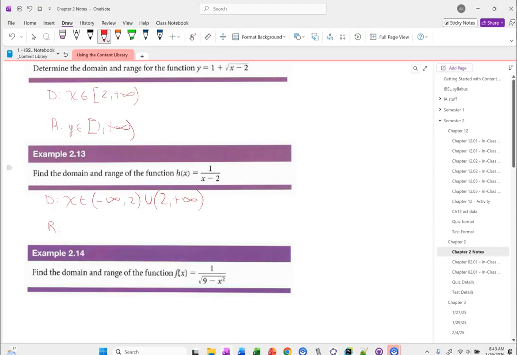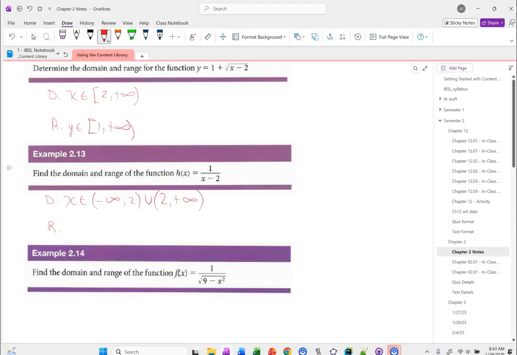Who can look at this and tell me the one number that the range is missing? It's not 2. Not 1. It's usually harder to see it. It's 0. Okay. Why is it 0?